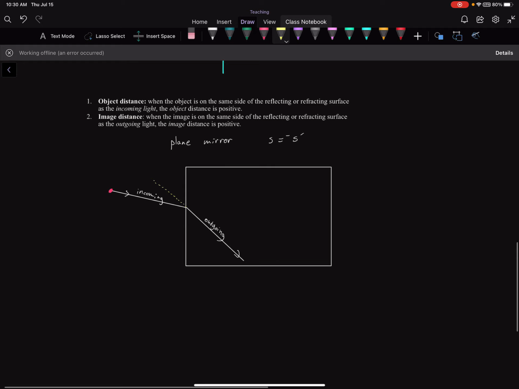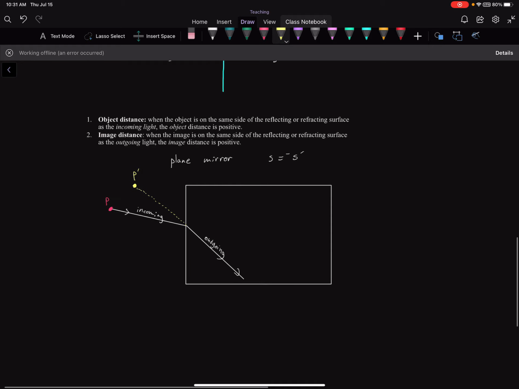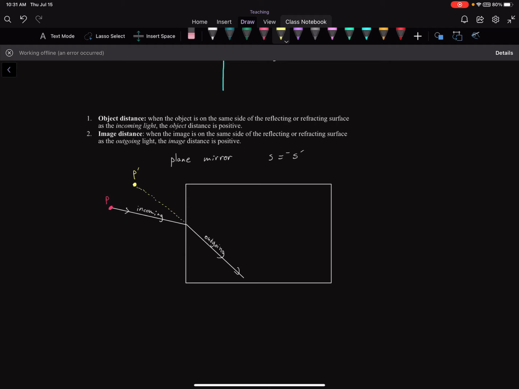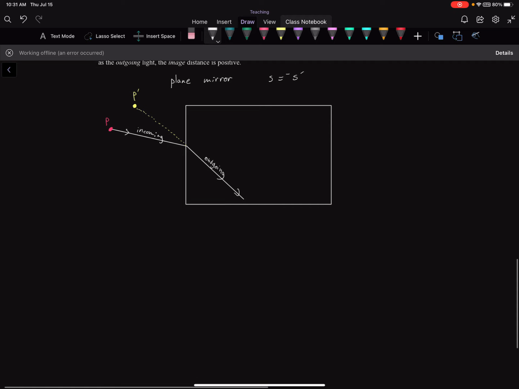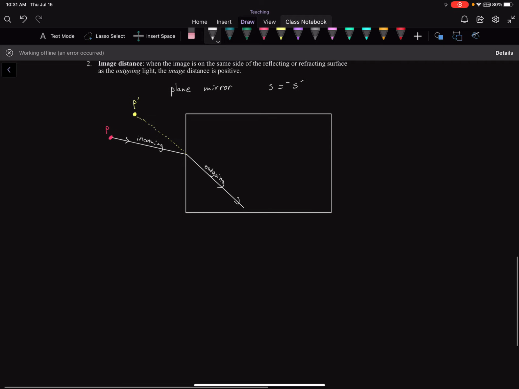So then the image would be over here. So if this is P, and this is P prime, then again, it would be negative. So for this refraction event, it would again be S is equal to negative S prime.